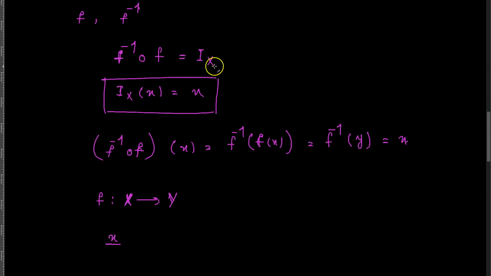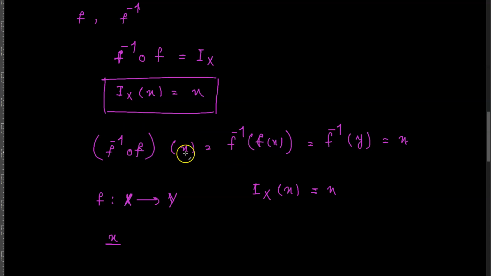And since this function is the identity on this set, by definition, if I write I of x, and the input is x, the output is always going to be x. You can see the same thing over here: if you write f inverse composed with f of x, that's going to be equal to f inverse of f of x.